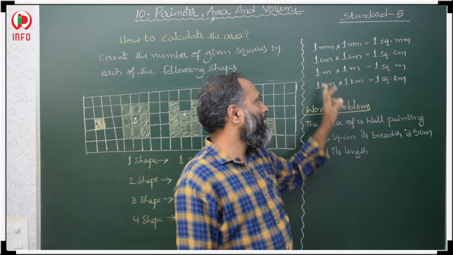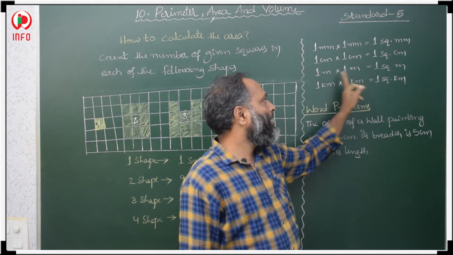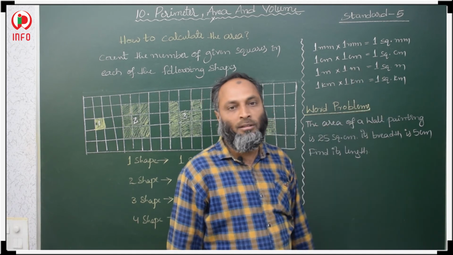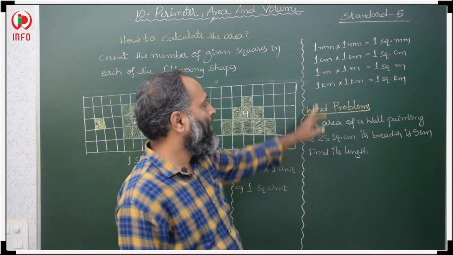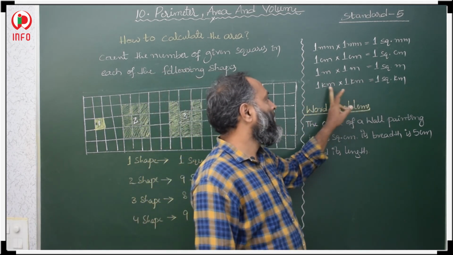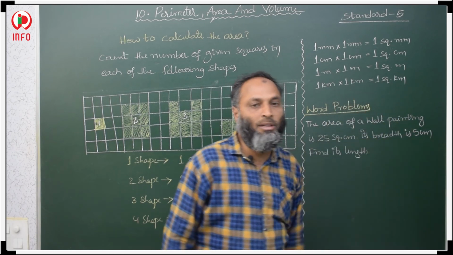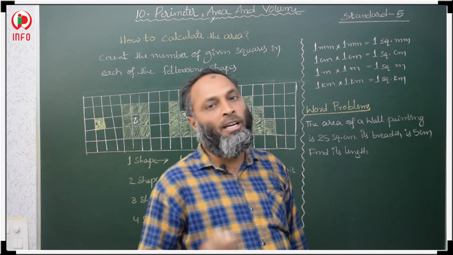If they are in meters, square meter. If in kilometers, 1 kilometer into 1 kilometer, square kilometers. Whatever the units are, we have to write them squared.